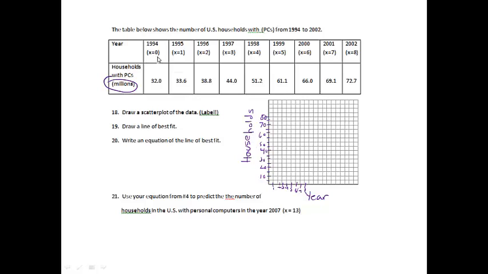So x equals 0, 32. So 0, 32, about right there. 1, 33.6.